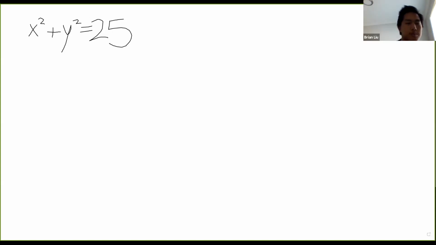But we can test it in the same way, right? If x is zero, then we have y squared equals 25. So y can be plus 5, or it can be minus 5.